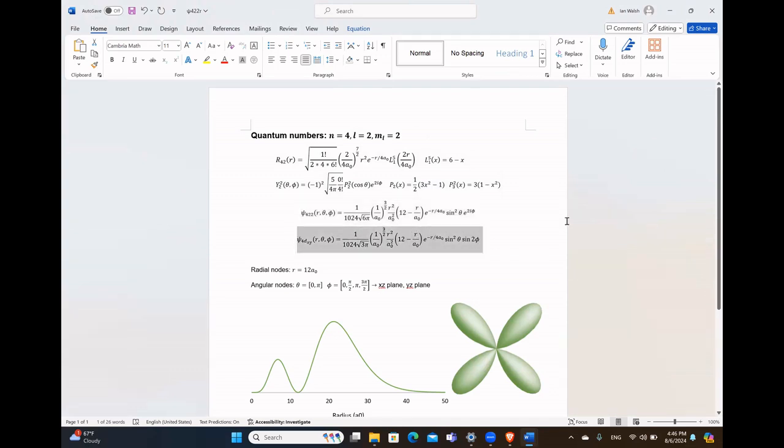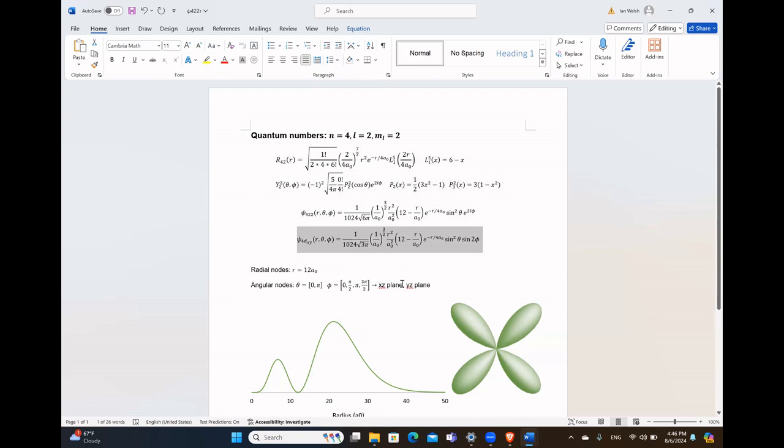This is really just taking our R42 and our Y22 and multiplying them together. So I'm not going to go through that. It's exactly what it looks like. We're simply going to plug all of these things in together, and we'll get an answer that looks like this. So now we have the orbital that we are going to use.